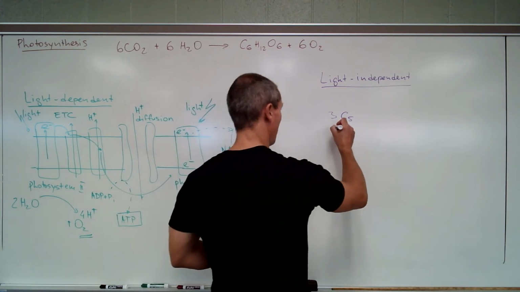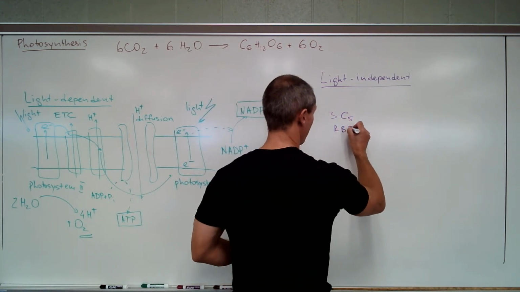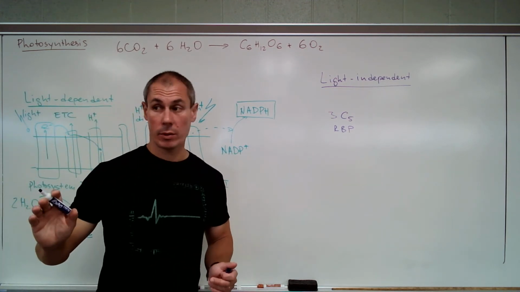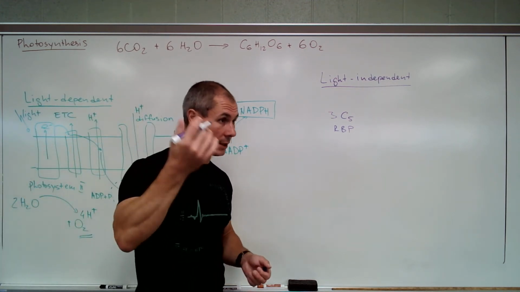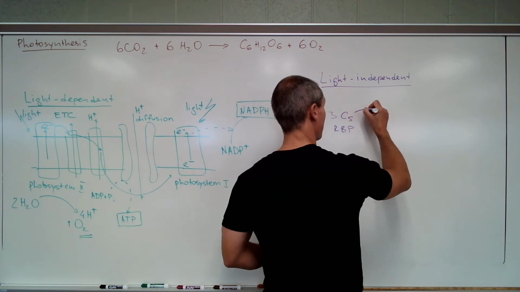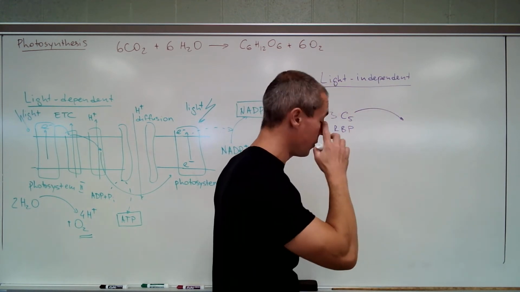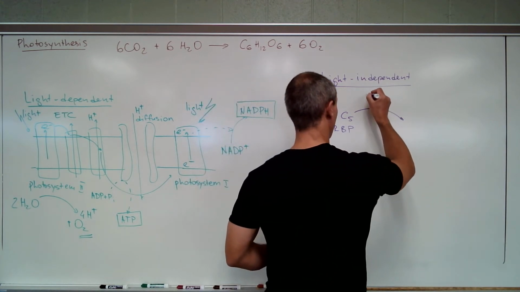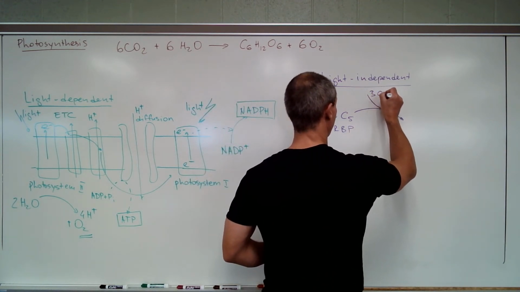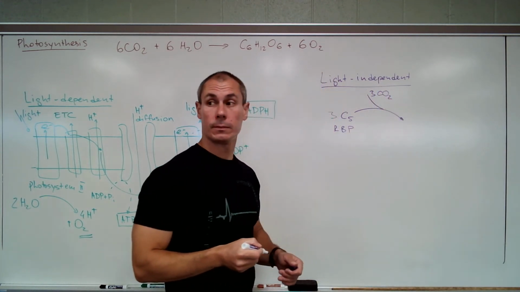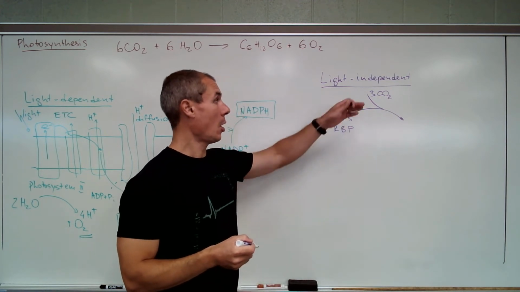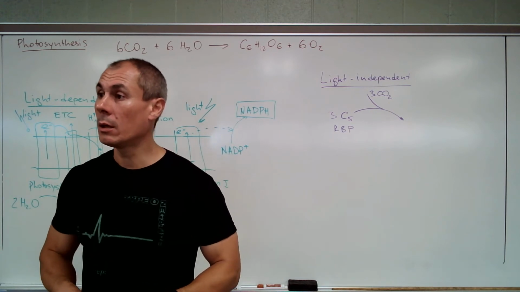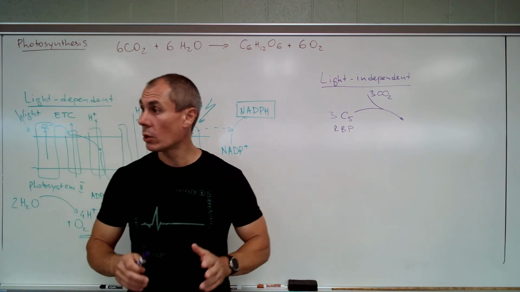We're going to give it name RBP, but it's not super important. Okay, now please count carbons with me, okay? It just facilitates the process of understanding what's going on. So we have 3 5-carbon intermediates, and they interact with 3 molecules of CO2. Okay, how many carbons total we see here? 18, yes, so 18 carbons.